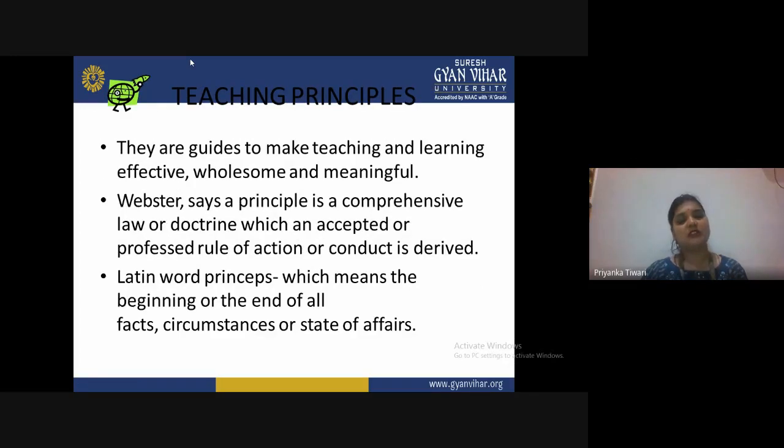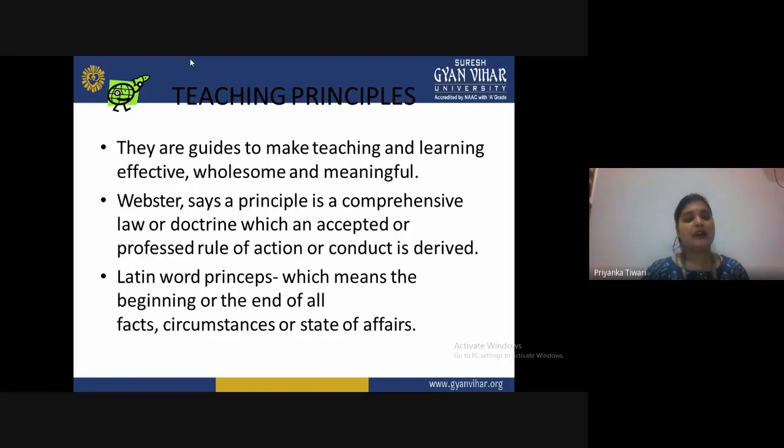Teaching principles are guides to make teaching and learning effective, wholesome, and meaningful. Webster says a principle is a comprehensive law or doctrine from which an accepted or professed rule of action or conduct is derived.